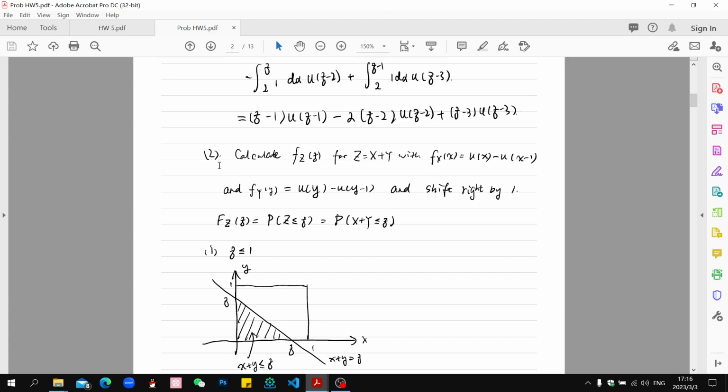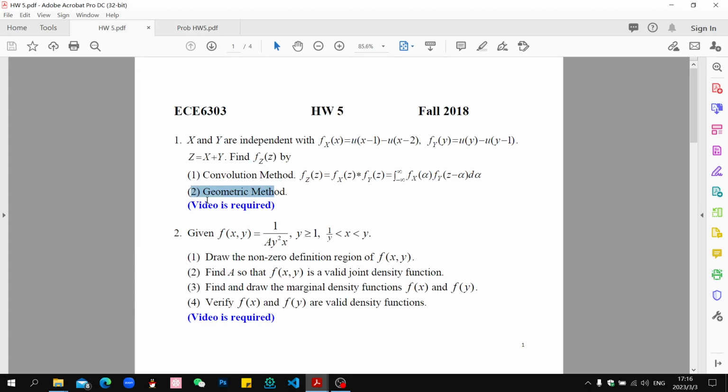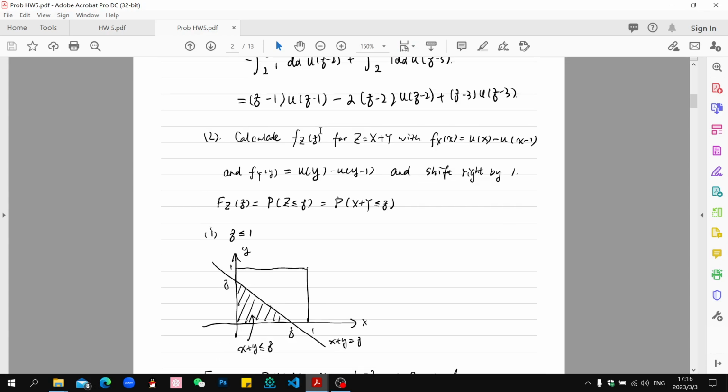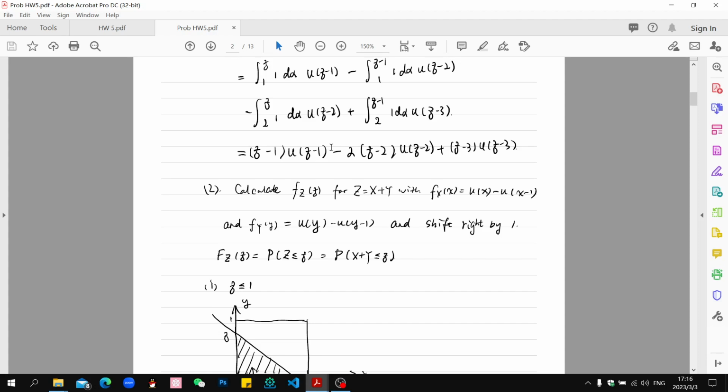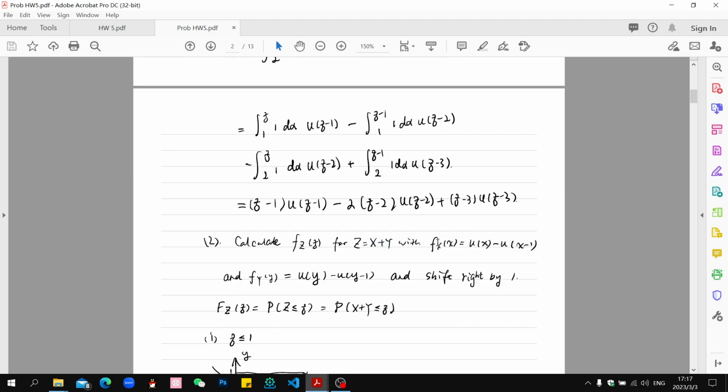And according to the hint, when we are using the geometric method, we can first calculate the convolution of another pair of functions. That is, replace the original X with a new X, that is f_X equals u(x) minus u(x−1). And we can shift the result to the right by 1 unit.